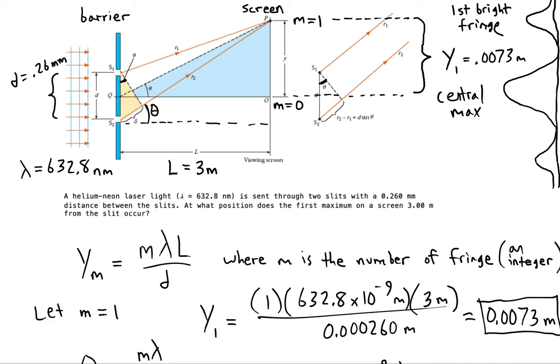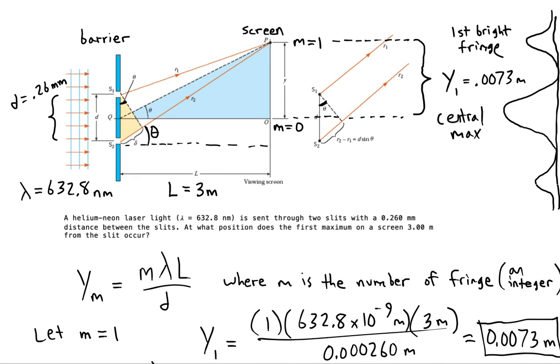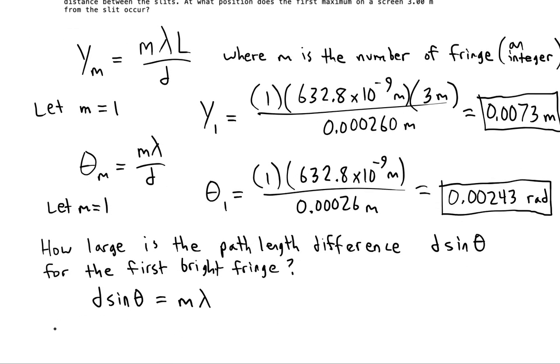Okay, so what that means is that an entire wave has to be completed in that path difference so that when they come out, the waves are going to be perfectly in phase as they head toward the bright maximum. All right, so for the first, just let m equal 1.